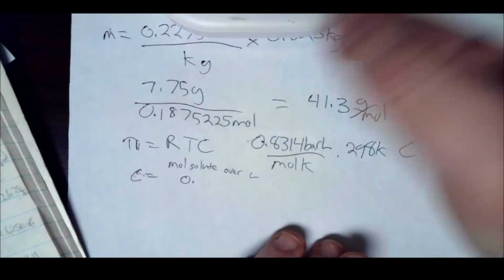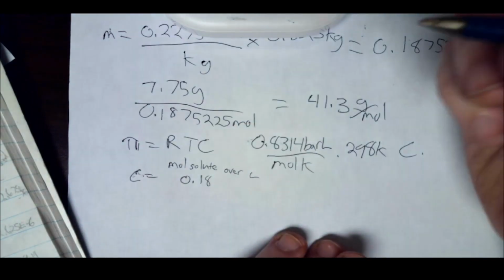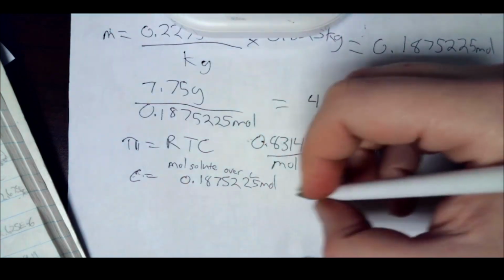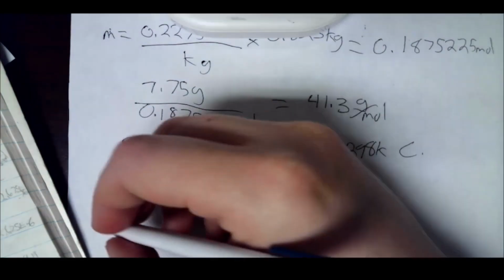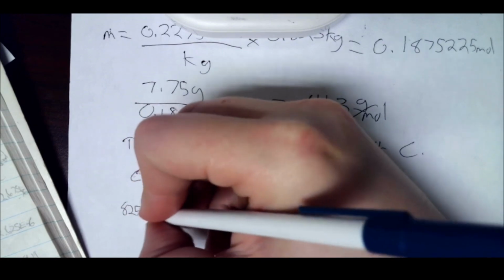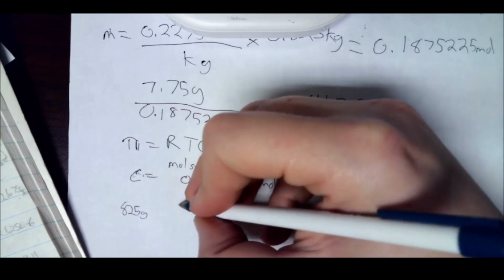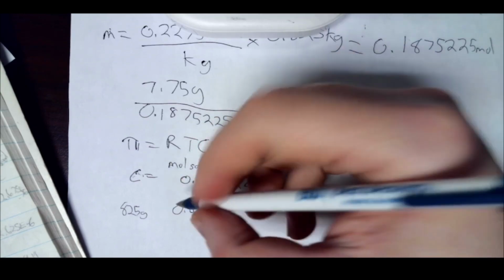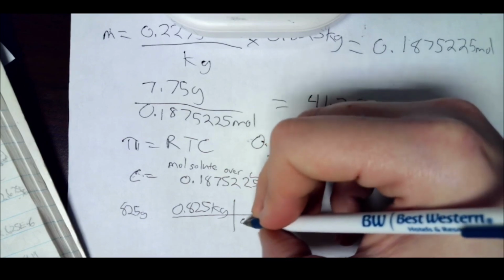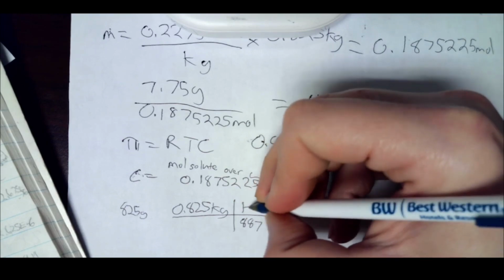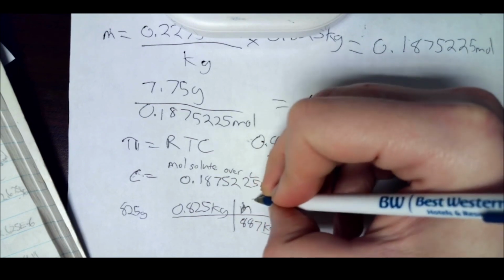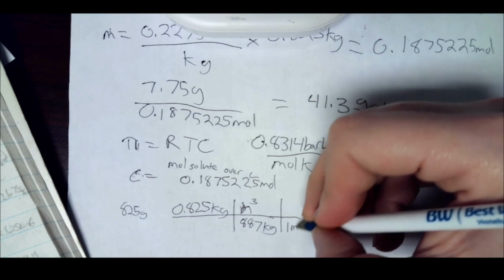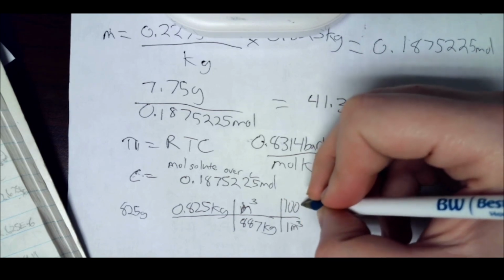So we have 0.1875225 moles, and we said we have 825 grams of benzene, which is 0.825 kilograms. The density of benzene is something like 887 kilograms per meter cubed, and in 1 meter cubed there are 1,000 liters.